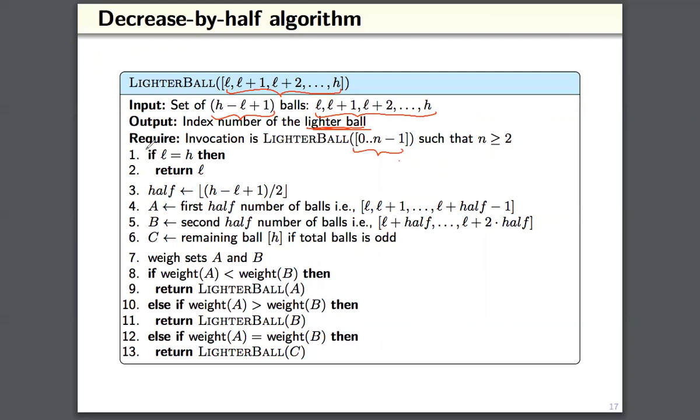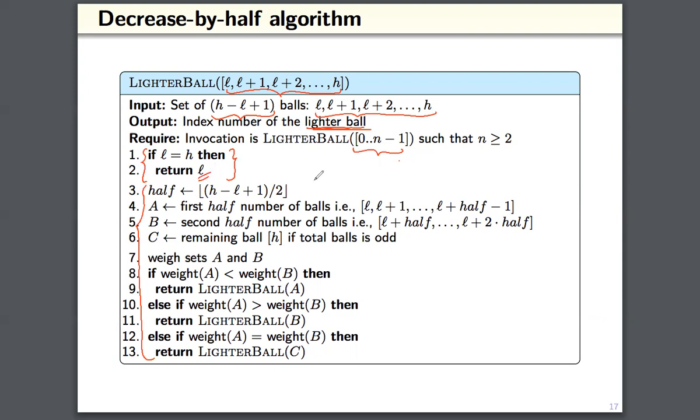Now let's look at this. What is the base case? If L is equal to H, there is only 1 ball in the set, then that itself is the lighter ball. Very simple. The base case is very simple. 1 ball, right? What about if there are more than 1 ball? You want to split in the middle, right? Half is (H minus L plus 1) by 2, something like your binary search.